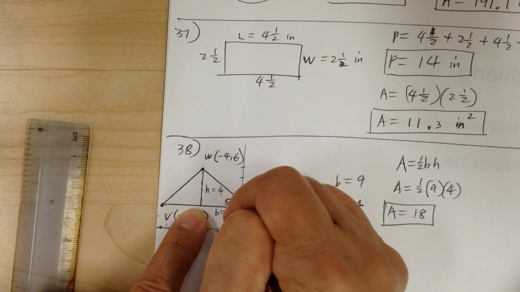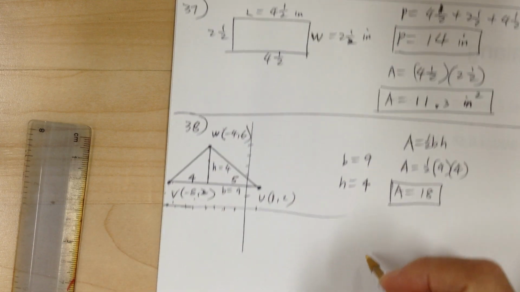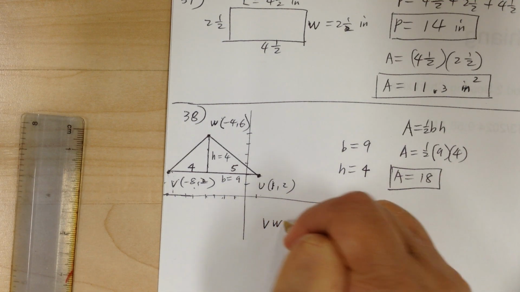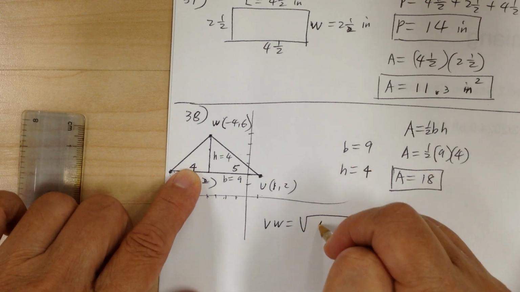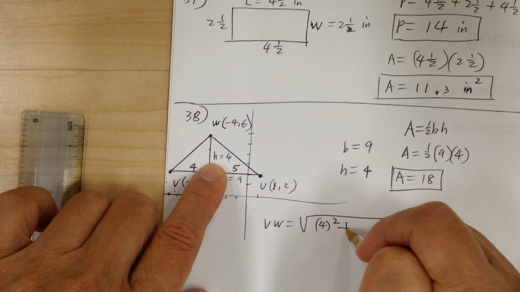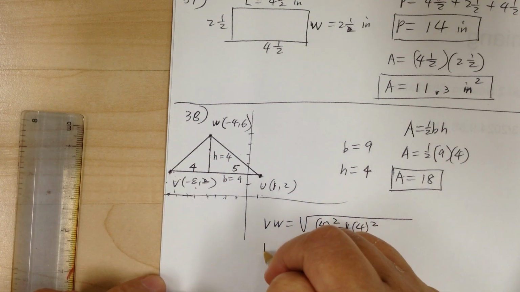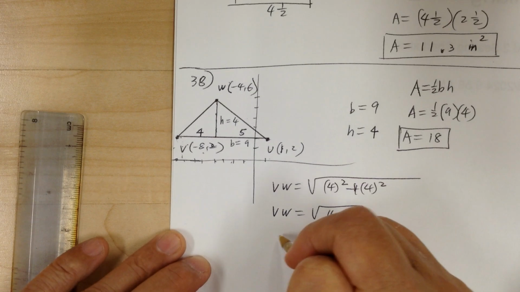This is 5 over here, and this is 4 right over here. So you have to find all the lengths. So VW equals the square root of 4 squared plus 4 squared. So VW equals the square root of 16 plus 16.